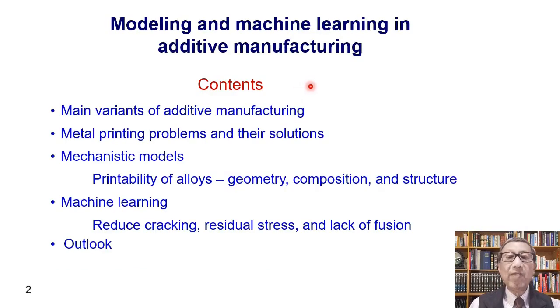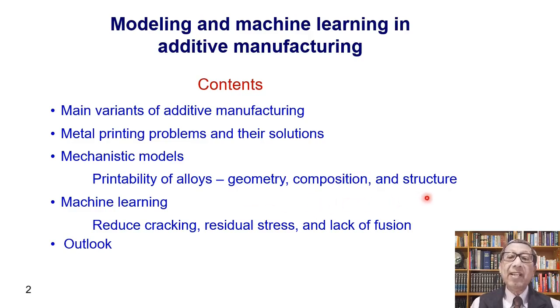Topics for today. Additive manufacturing has a number of variants, and we want to focus on the three most important ones. Metal printing faces some generic problems. We will review those and see what their solutions are. Many of the issues it faces have to do with the geometry, composition, and microstructural features of the metallic parts.